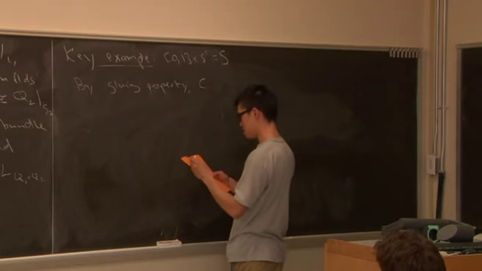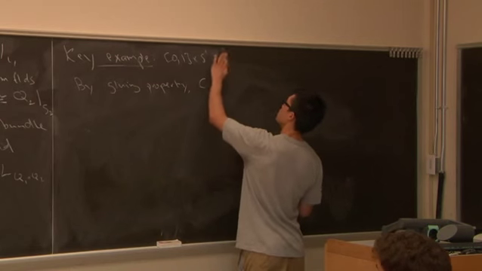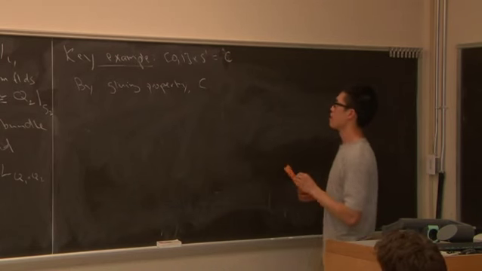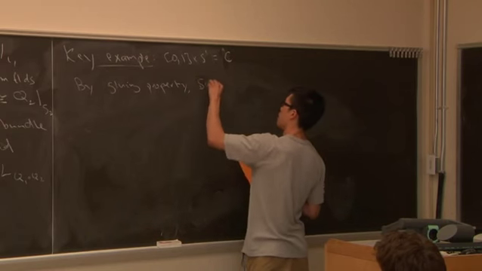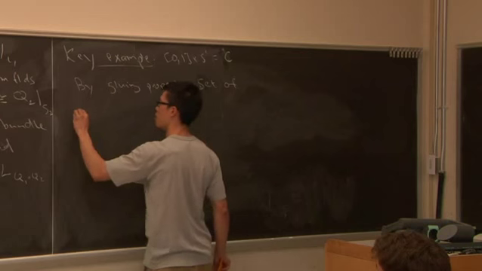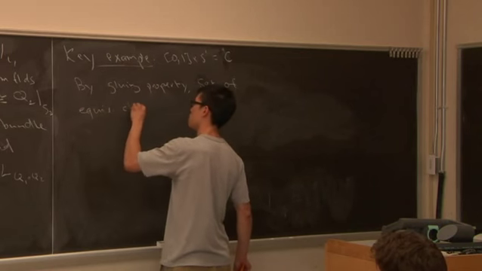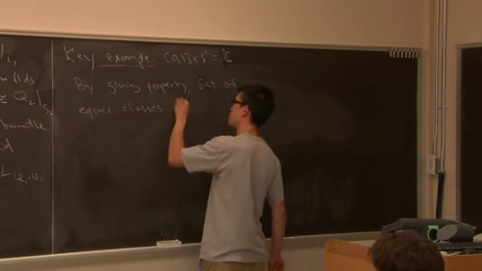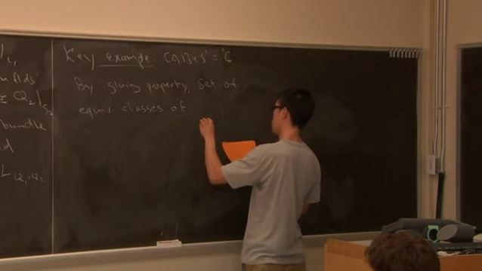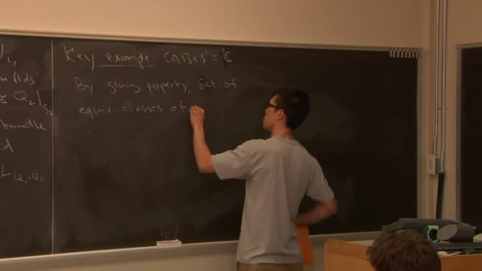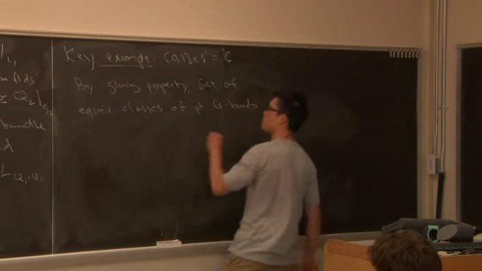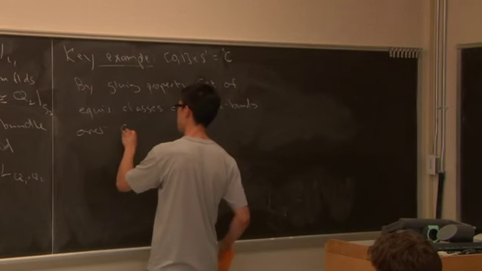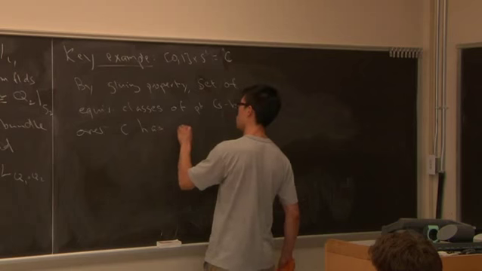Let's just say C for cylinder. How about that? So the set of equivalence classes of pointed G bundles over this guy C has a groupoid structure.